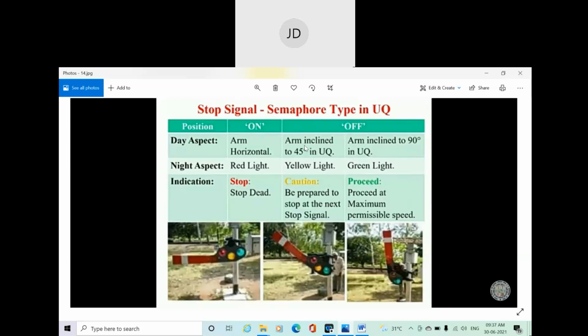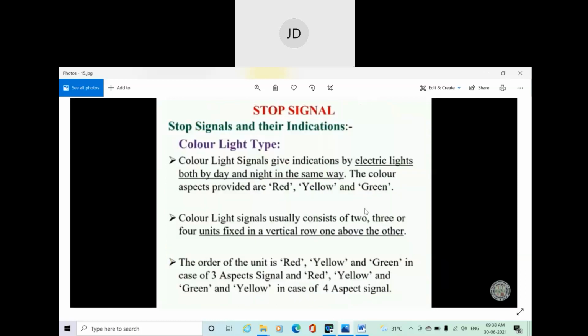In this case the yellow light will also be active. And when it's vertically upward, it represents proceed. That means you can proceed with maximum permissible speed, no need to worry. Okay, this is all about stop signal.